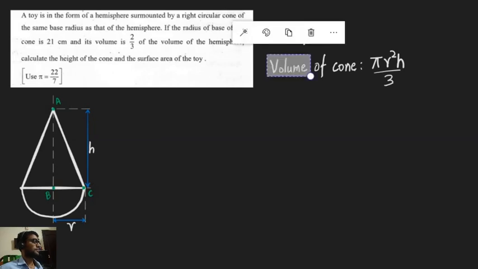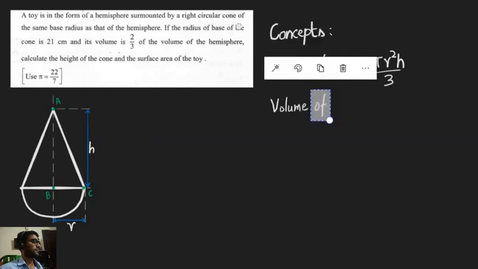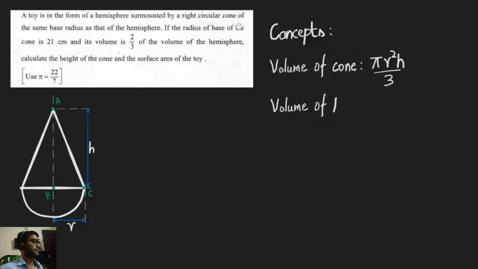Now the volume of hemisphere. The volume of hemisphere is equals to pi r cube by 2.